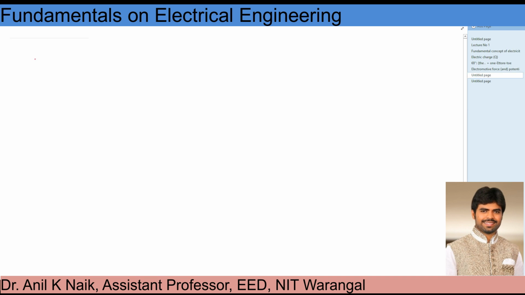Now we will see what is the definition of electric potential. In the previous concept, we have seen the electromotive force and potential difference, and we will now see the definition of electric potential.